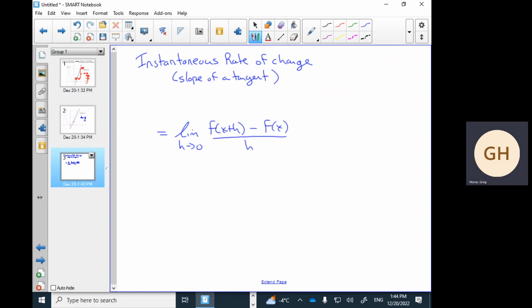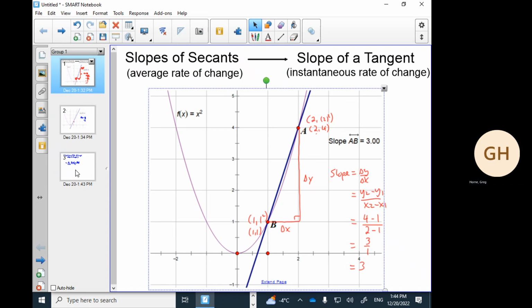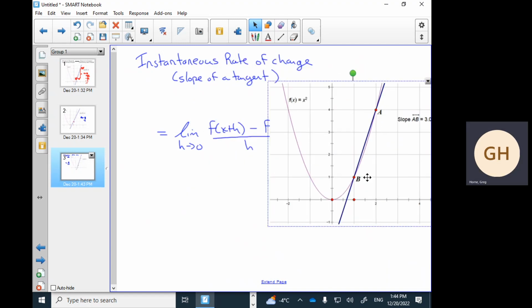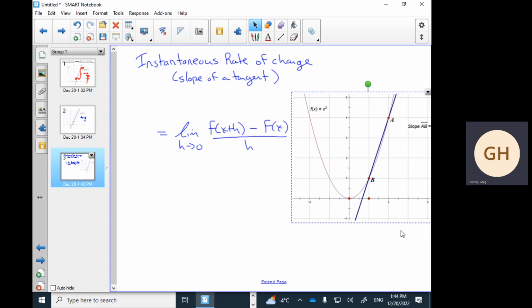Right? So what we're doing is looking at, I'm just going to copy this picture right here. Paste it in small here. We're picturing the h value being this, the amount that we're going over.